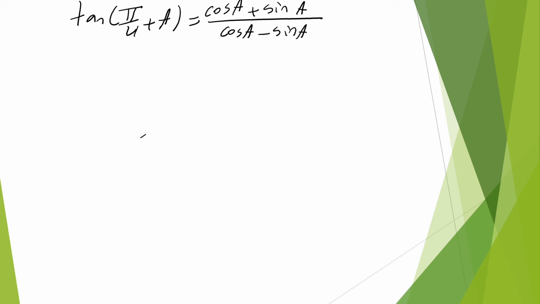Also, you've got a compound angle pi over 4 plus A on the left-hand side and just A on the right, so definitely you'll have to use the compound angle identity to separate the angles.